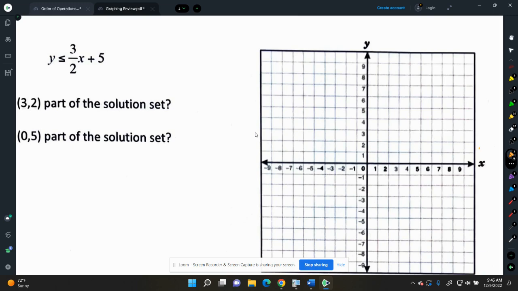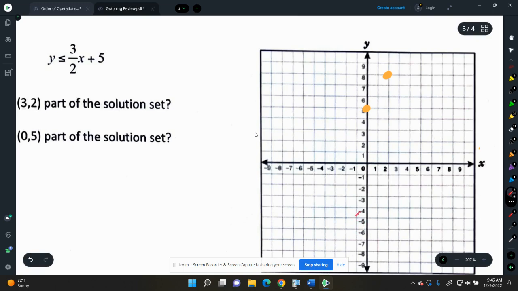What do I do first to graph that line? Get the y-intercept of 5. Good. And then go up 3 over 2? There you go. Very good. Up 3 over 2, right? Let's pay attention during class so that we can be right on top of it.